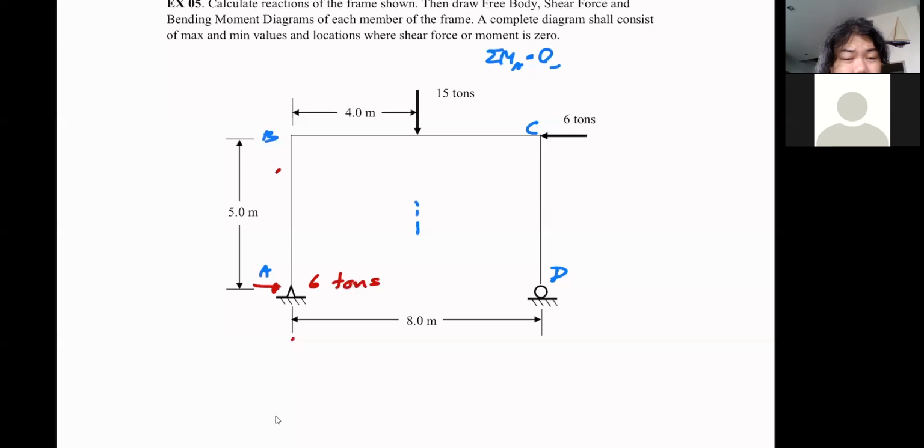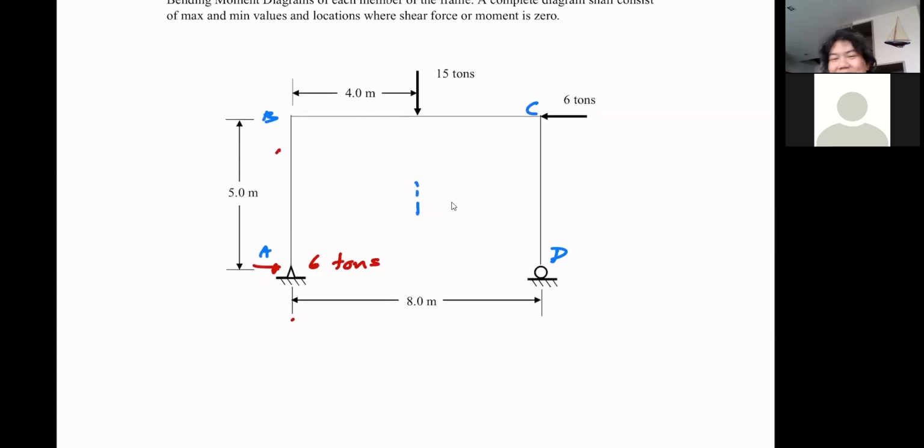Okay, you can see it now. Thanks for telling me. Okay, so you can see the reaction 6 tons as well, and you can see sigma MA equal to 0. I don't know why I need to write so far up top like that. It's kind of crazy. So let's do it here to celebrate the rebirth of the screen.